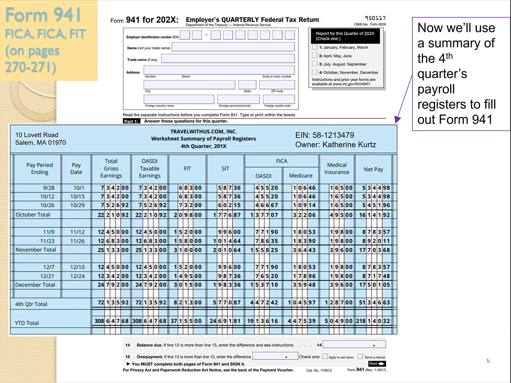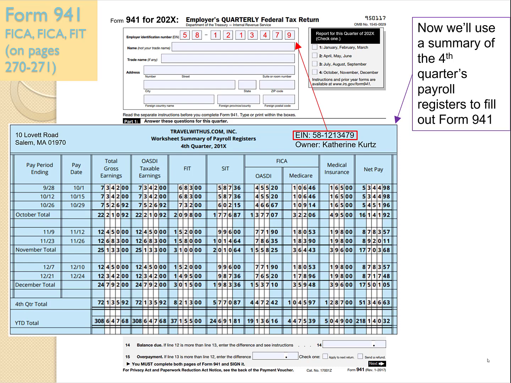We're going to start at the top, and we'll need our worksheet summary of the payroll registers to start filling this out. So at the very top, it's asking for our EIN, Employer Identification Number. For this company, it's 581213479.